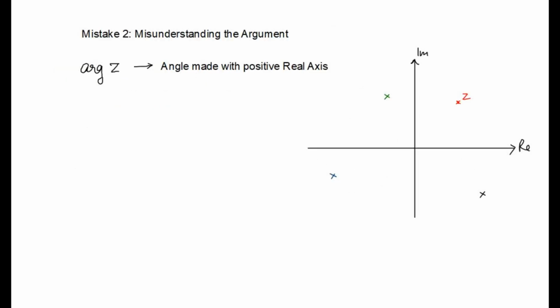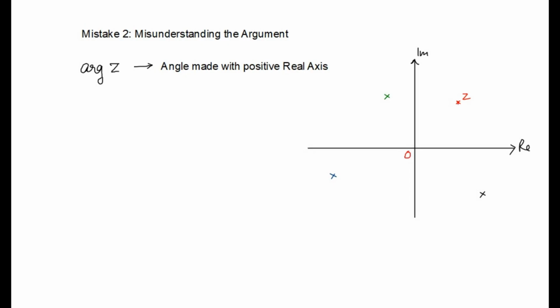The second mistake that students often make is misunderstanding the argument. Now, what is the argument of a complex number? It is nothing but the angle made when you join a complex number to the origin. So let's say this is the origin. I want to find the argument of this complex number in red, z.